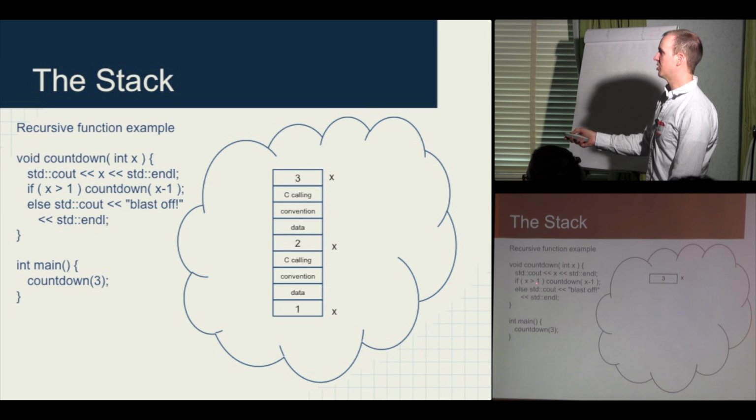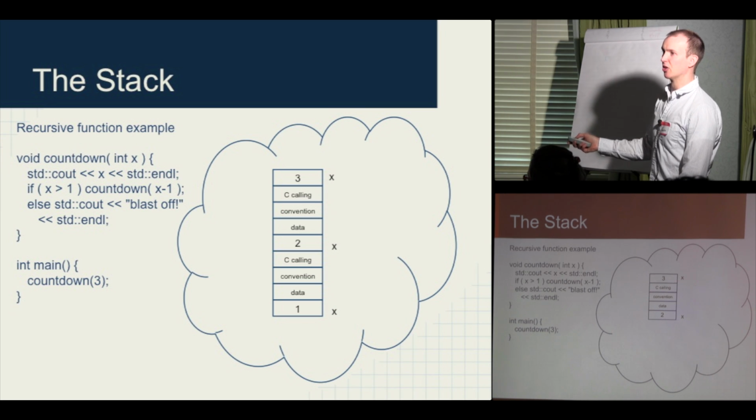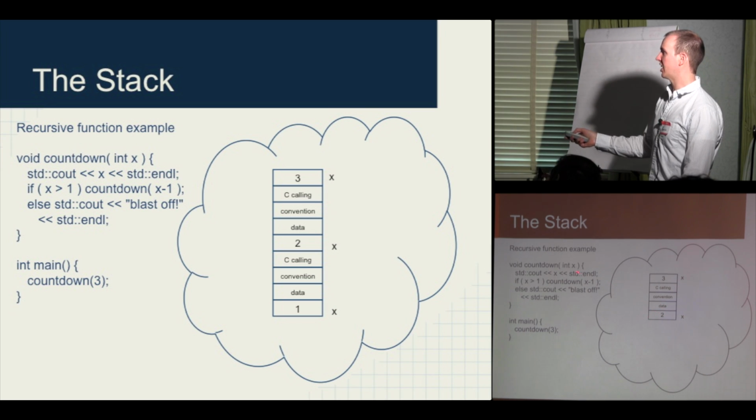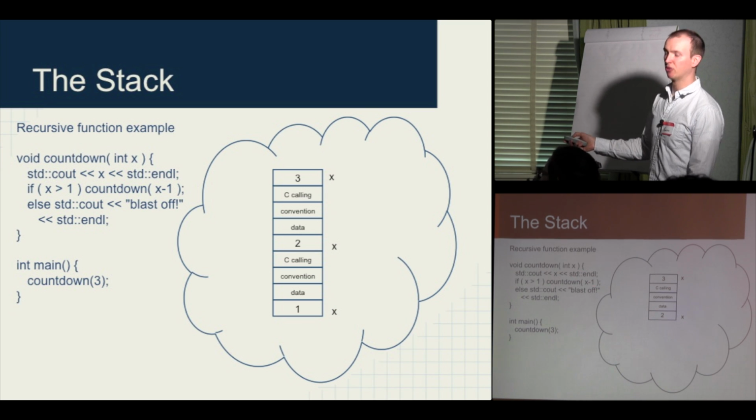And then it executes this: if x is greater than 1, then call countdown again, but with the value x minus 1. So what happens here is that we put some data on the stack so that we have our breadcrumb trail to get back to where we came from. And then we allocate yet another copy of x, the formal parameter here, with now the value of 2.